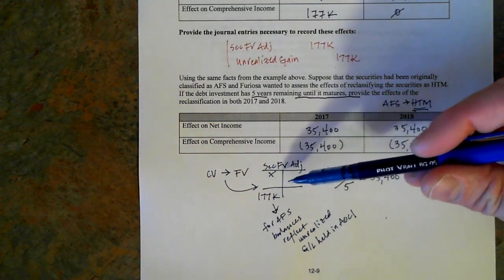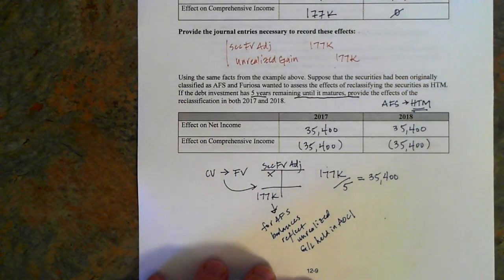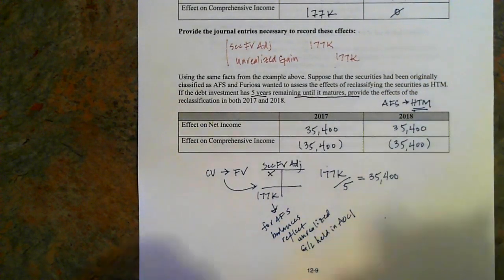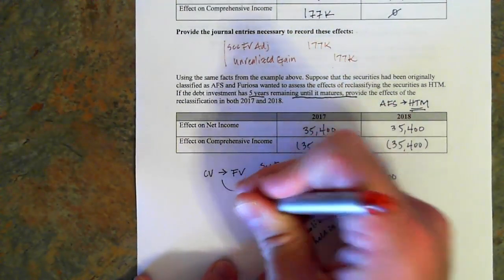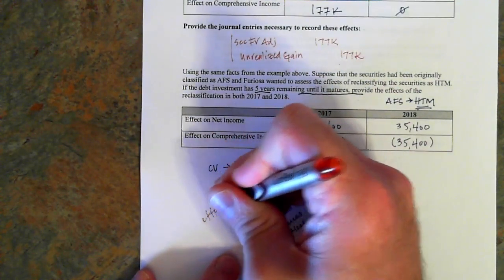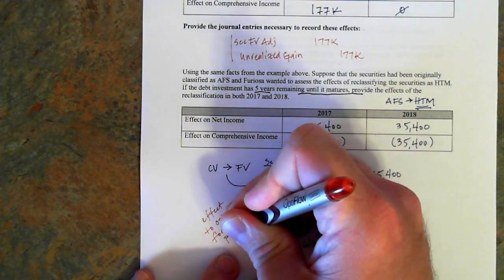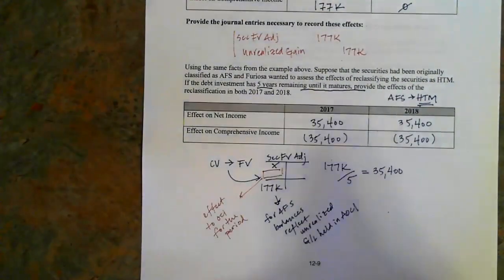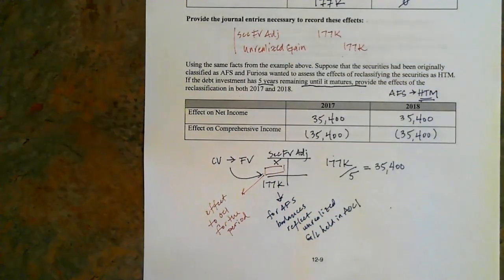But this is for AFS securities. This reflects the AOCI total balance. And then remember, any adjustments we make in this account over time, those reflect the effect to OCI for the period. So again, we're getting into that idea that the adjustments are the journal entries, the changes, the things that go to income because they're just a change over time, versus the balance, the stockpile goes to my real accounts, that's on the balance sheet, right?